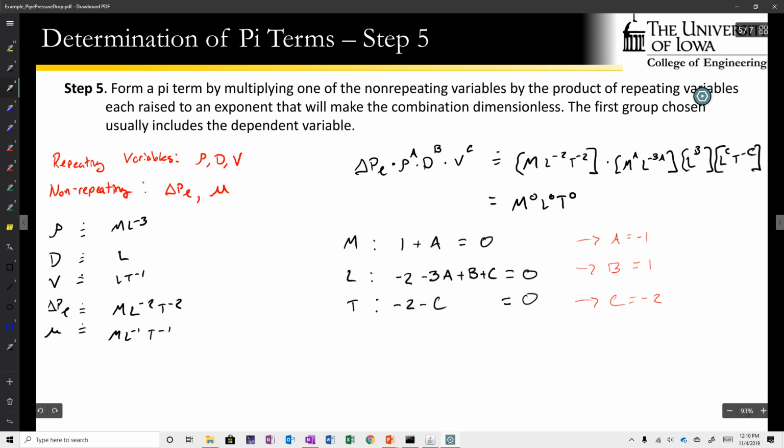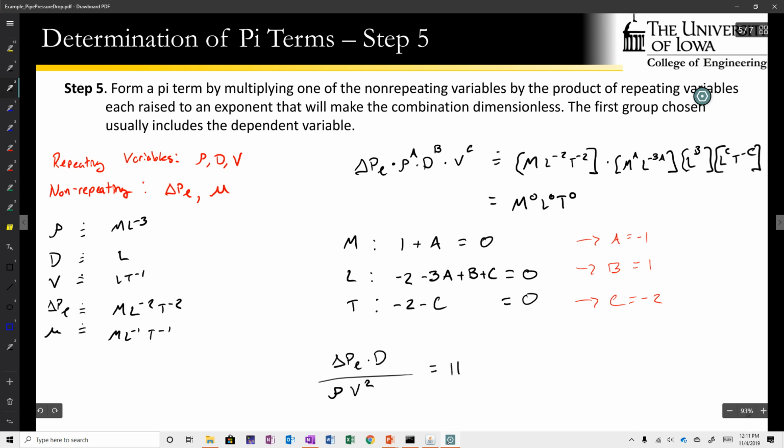Now plug those values back into the form of our first pi term, and we'll get delta P sub L times D times rho V squared.